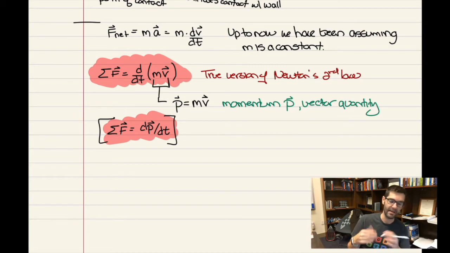The derivative is saying how does this quantity change with time. Momentum changes with time when forces are applied to an object. If the mass is a constant, this just reduces down to the sum of the forces equals the mass times the acceleration. But more generally, Newton's law is saying that forces change momentum.